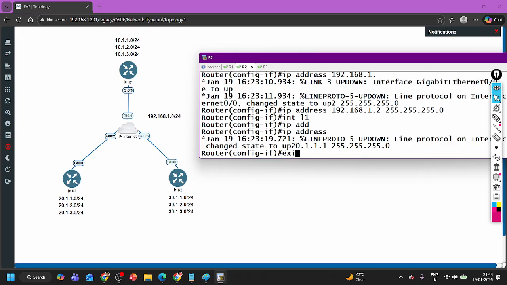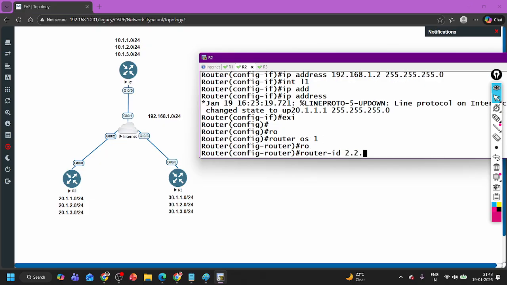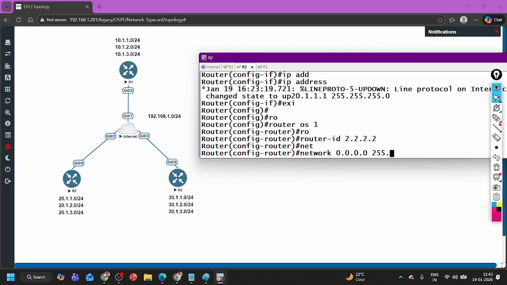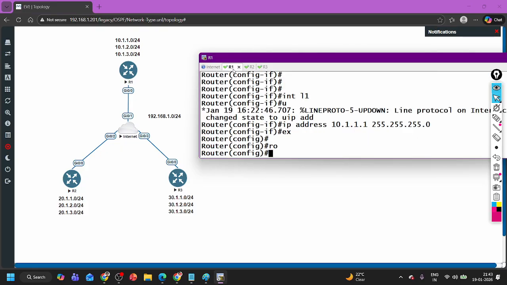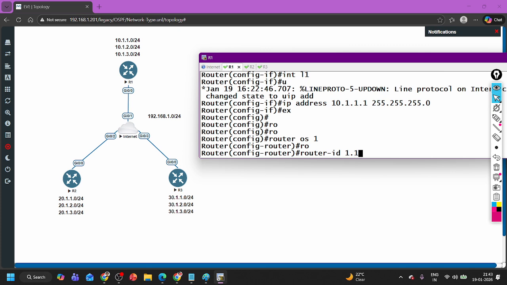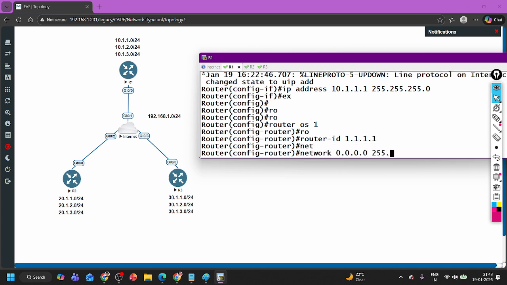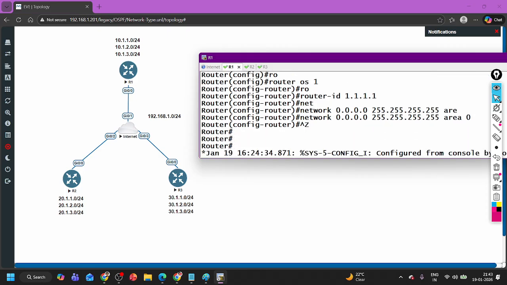Router 2: router OSPF 1, router ID 2.2.2.2 and network 0.0.0.0 255.255.255.255, any wildcard mask, and area 0. And R1: router OSPF 1, router ID 1.1.1.1 and network 0.0.0.0 255.255.255.255 and area 0. I have enabled OSPF on all the routers.